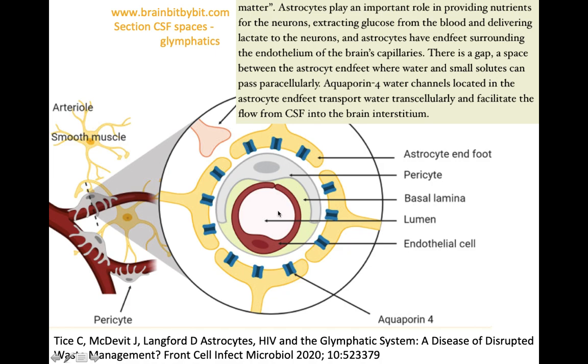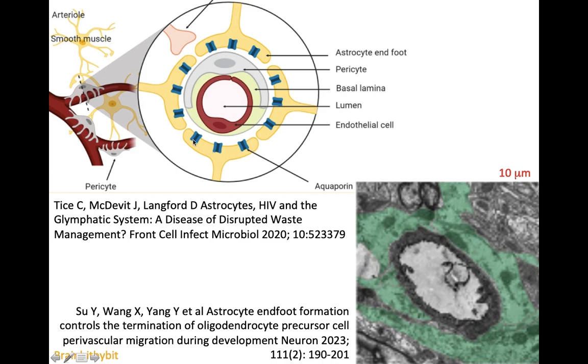And the fluid from the capillaries passes the gaps between the endothelial cells, and it can also pass the gaps between the astrocyte end feet, and it can be transported transcellularly in the aquaporin 4 channels to the interstitium of the brain.